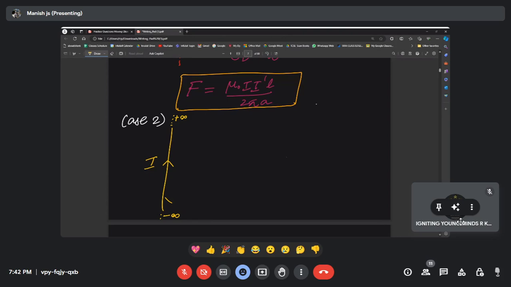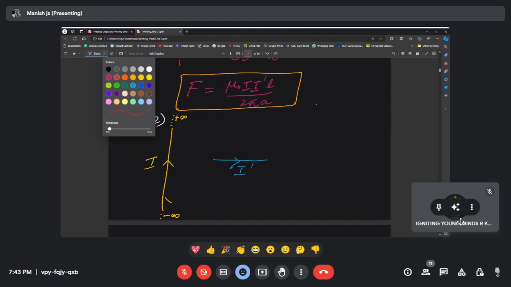Now you have the second conductor, which is your secondary conductor, which is not placed vertical but horizontal. Like this, I am placing the conductor now, and the current that it is carrying is I dash again. The length is also L only, as we took for the previous case.